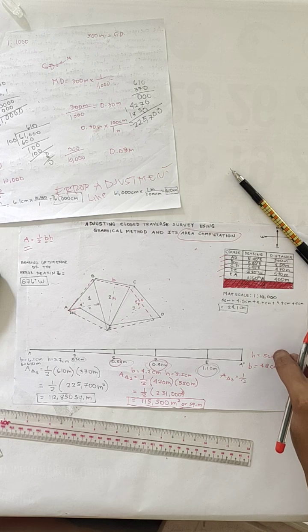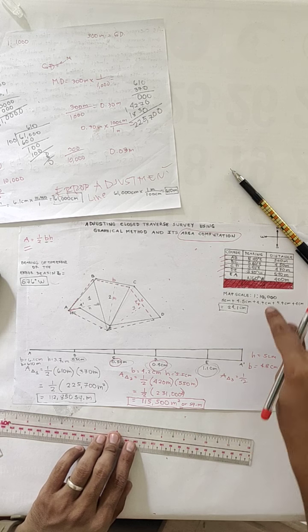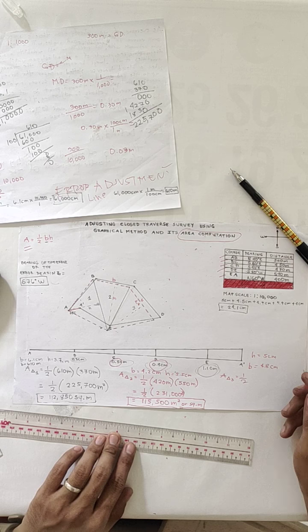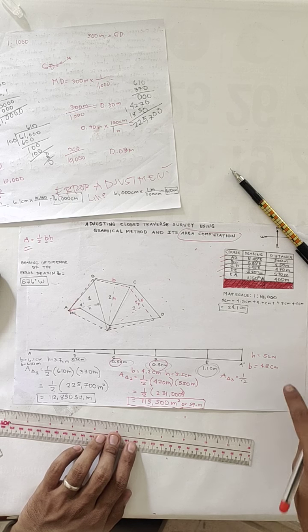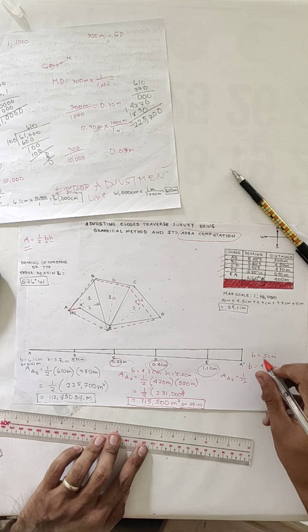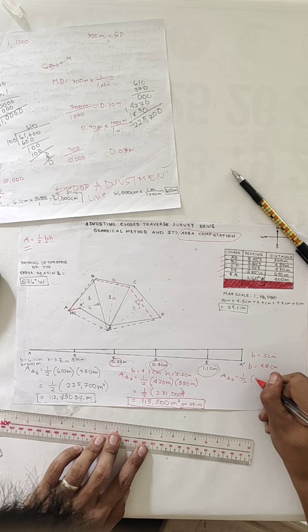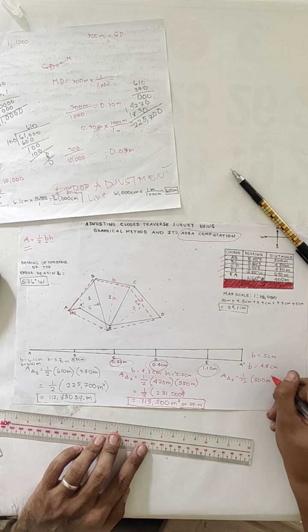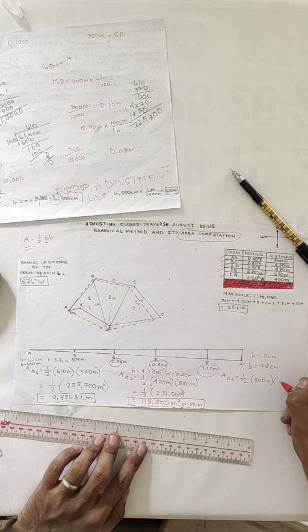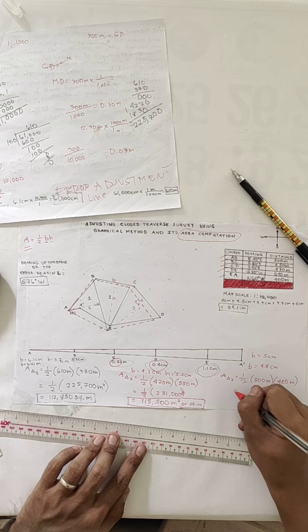So convert it into ground distance using the map scale 1:10,000, then convert into meters since it is still in centimeters. So 5 centimeters is equal to 500 meters, and 4.8 is 480 meters.